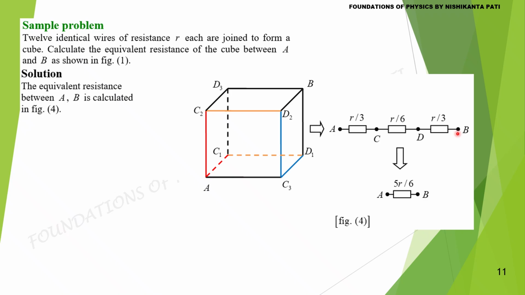Between B and D, the total resistance is R by 3 since these are parallel. Between C and D, the total resistance is R by 6 since these two and these two are in parallel. This R by 3, R by 6, R by 3 are in series. So the effective resistance is 5R by 6.